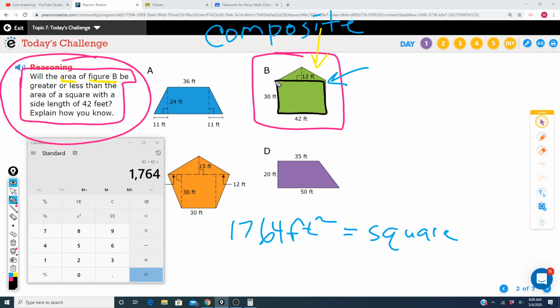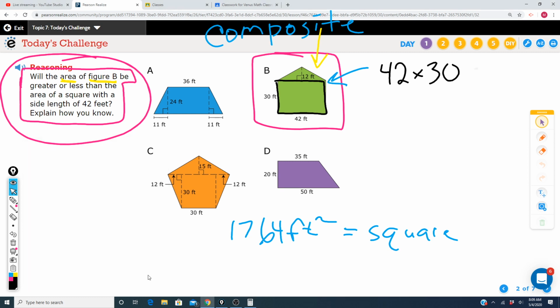So with the rectangle, we are going to do length times width again. Length times width of 42 times 30. If you were following along with me, you would take your length of 42 times your width of 30. It's going to give you 1,260.